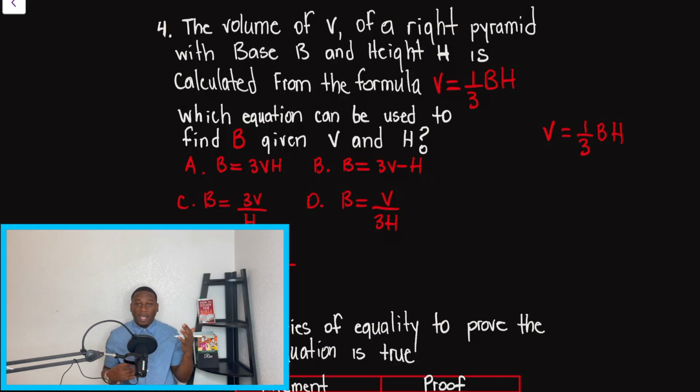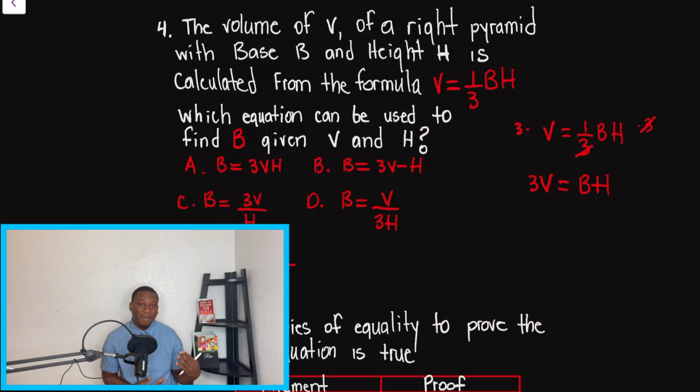Similar to the last problem, guys, I'm going to get rid of my fraction by multiplying by 3. When I multiply both sides by 3, my fraction cancels out on one side, and on the other side, I have 3 times V is equal to B times H. So we're one step closer, but we don't have B by itself.